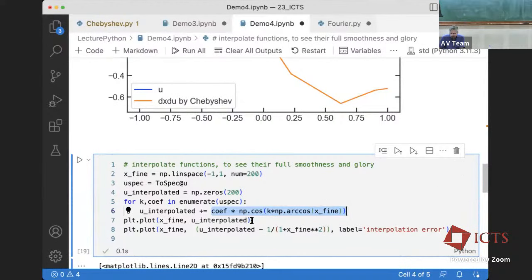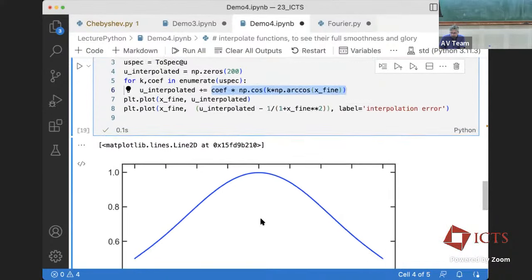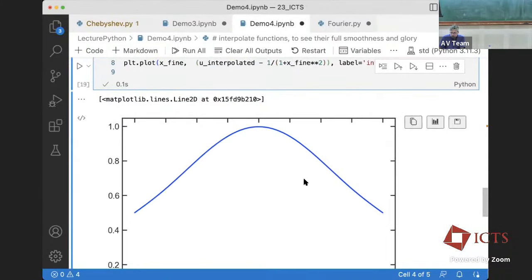And that way I get an interpolated version of my 8 basis functions, Chebyshev polynomials. And this is how it looks.